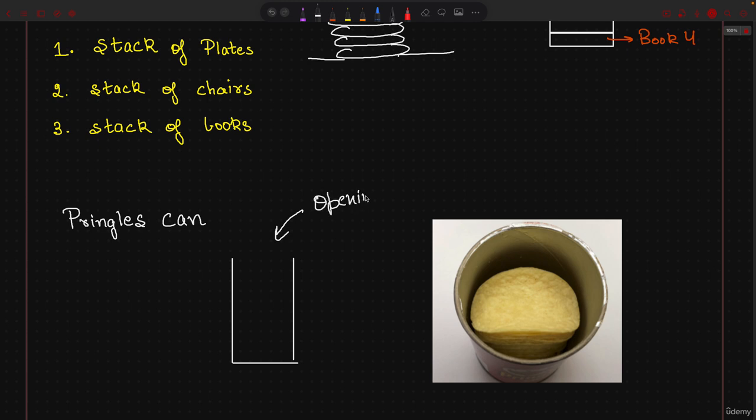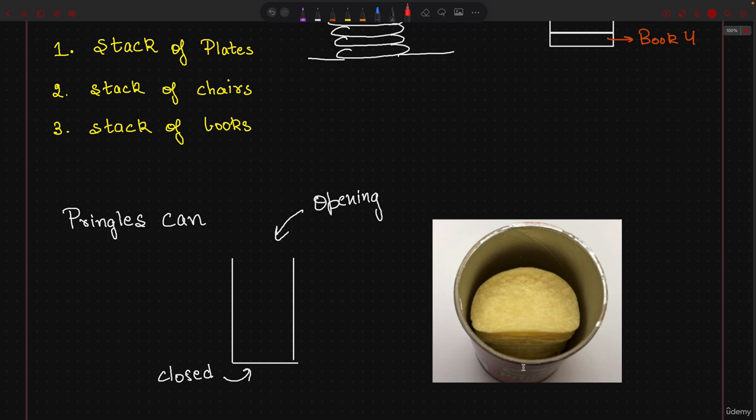This side is closed. And because there is just one opening, you can insert or remove things from this side only. In a very easy sense, just imagine a Pringle can. That's the easiest example because here there is no way you can get any middle chip if you don't take out the top chip first. Based on this only, we will also be developing our operations going forward.